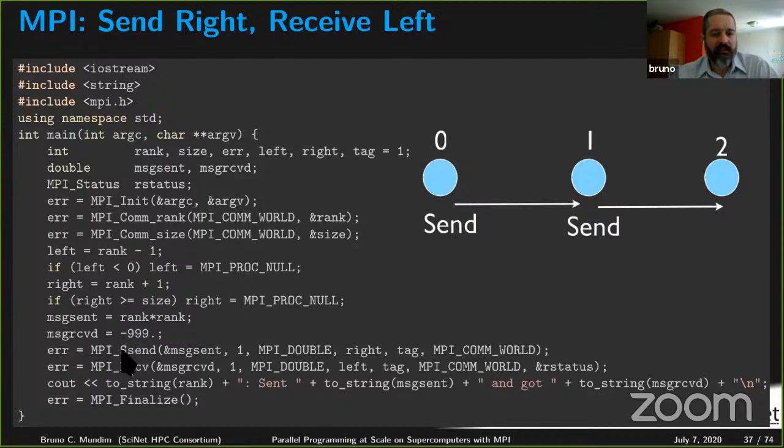So I call MPI send, and send a message of one double to the right, okay? And then I receive a message on the receive buffer, one double from the left. And then I output to the screen which message each one is receiving.